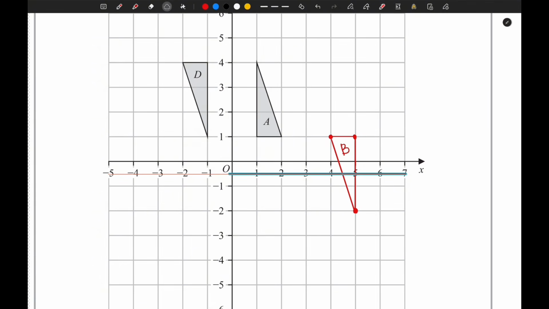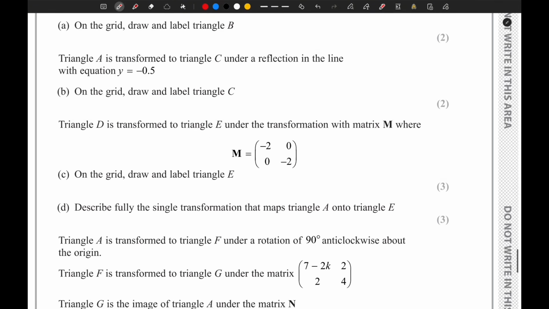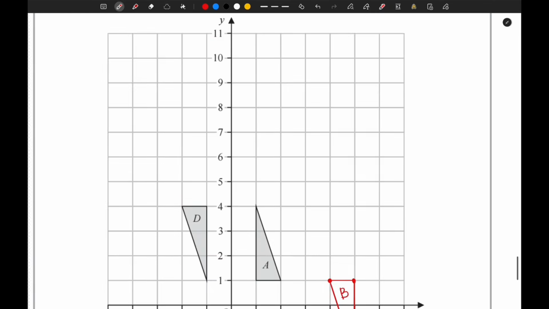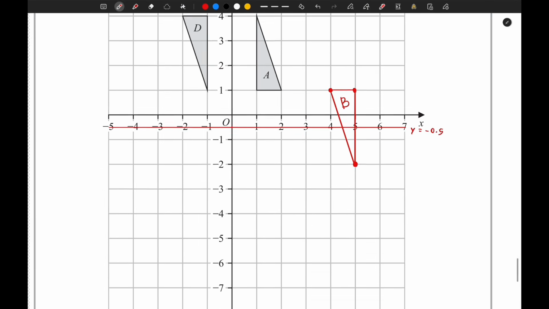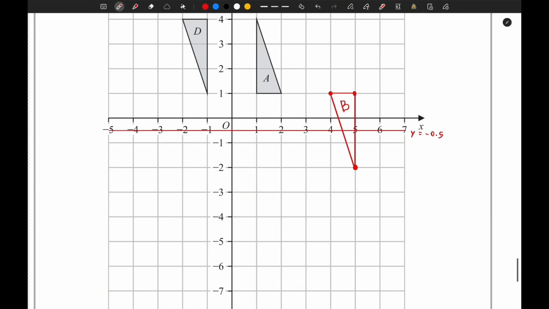So if I want to reflect triangle A in the line y equals negative 0.5, the first coordinate will be at this point, the other coordinate will be at this point, and the next coordinate will be at 1, 2, 3, in this point. So this is the triangle C.